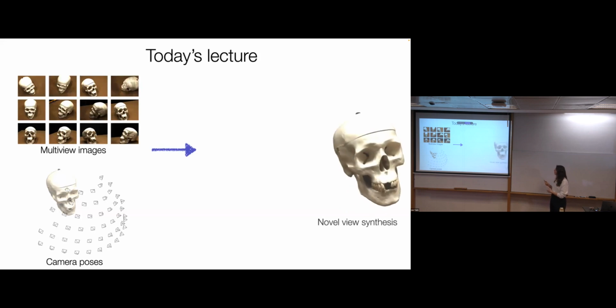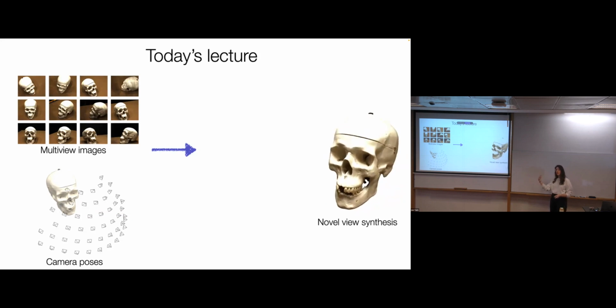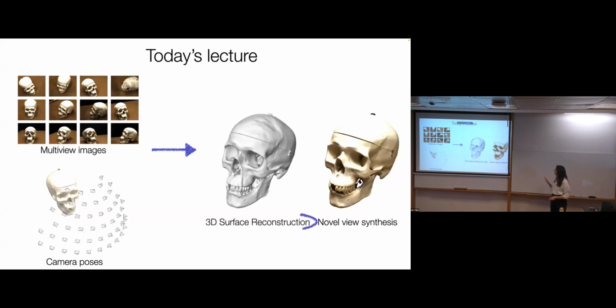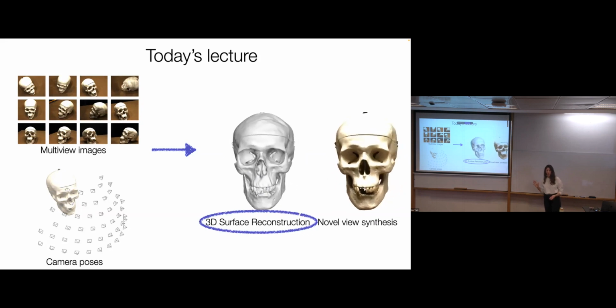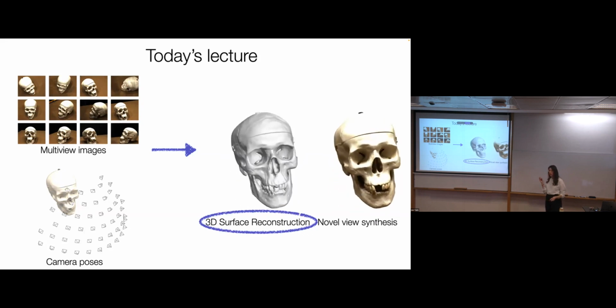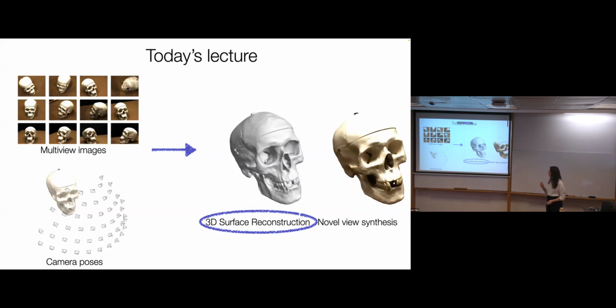I told you that the goal for NeRF was novel view synthesis, meaning rendering novel views that were not captured by these cameras. Today our goal is surface reconstruction. We want to extract a dense 3D surface out of these images.